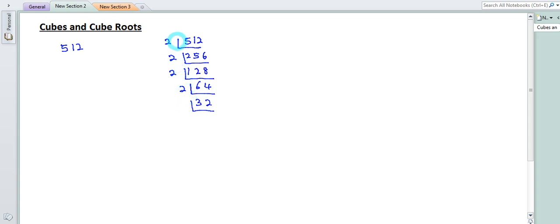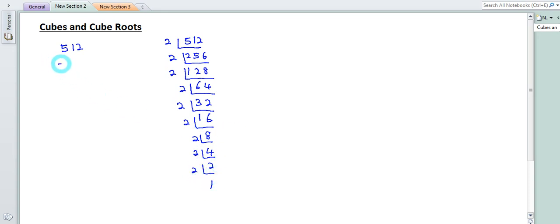We keep on dividing the number inside here by 2. Not necessarily must use 2. It depends on the number inside the bracket. Since these are all even numbers, we divide by the smallest prime number, which is 2. Here also the same.